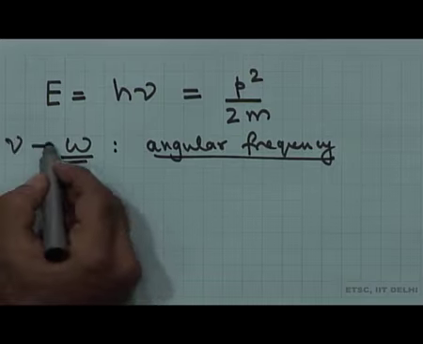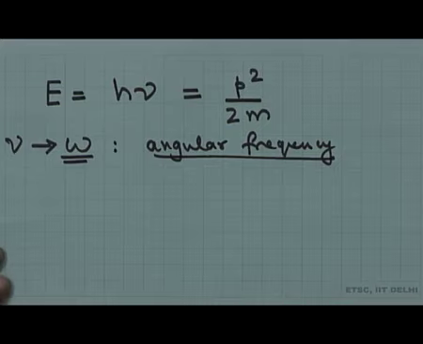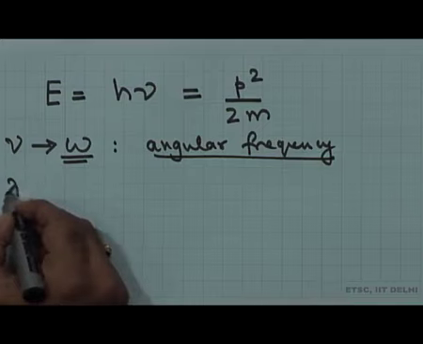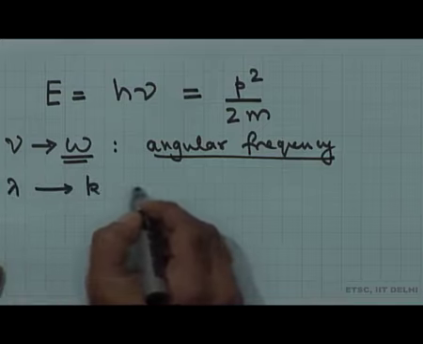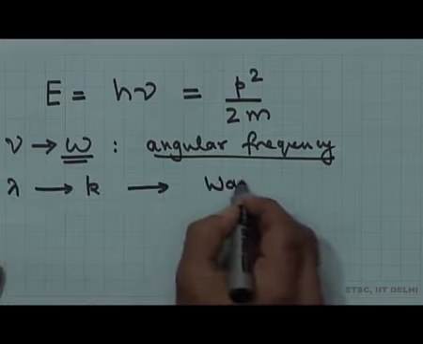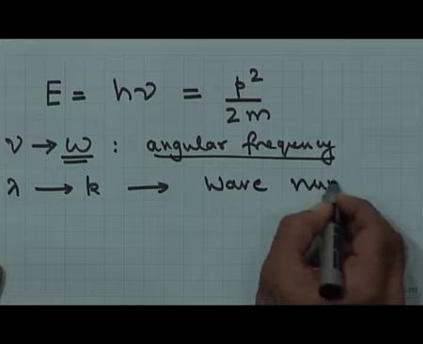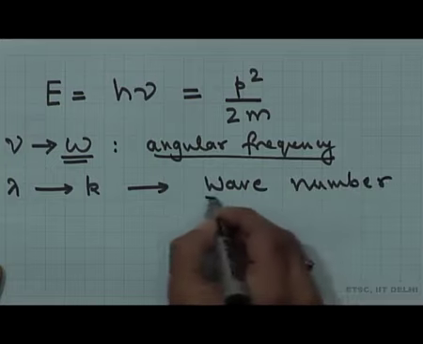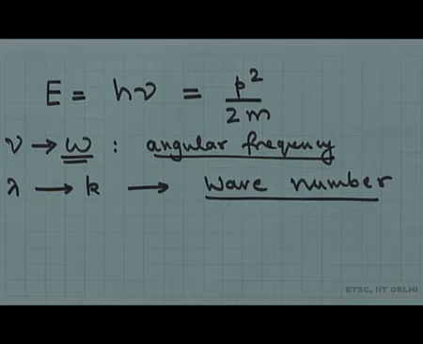So my nu is replaced by omega purely as a matter of convention. My lambda goes to k, and that is what is called a wave number.